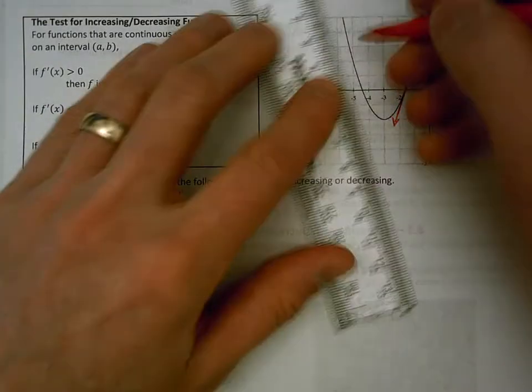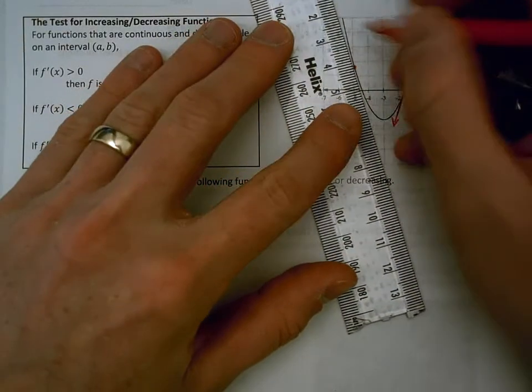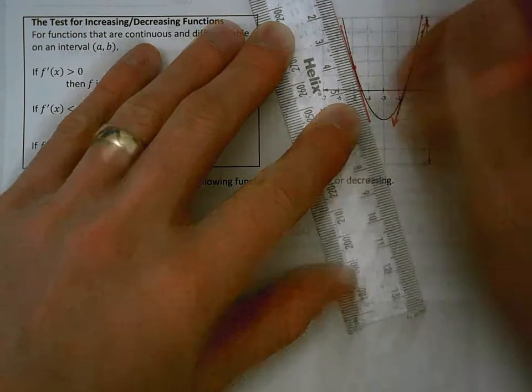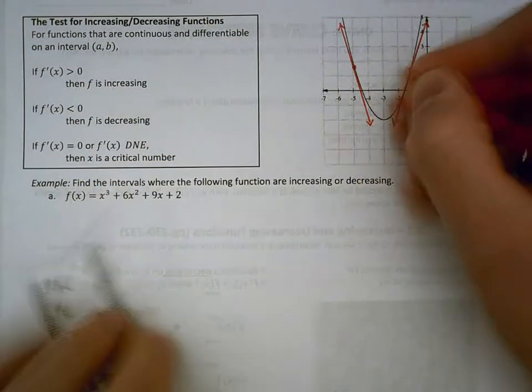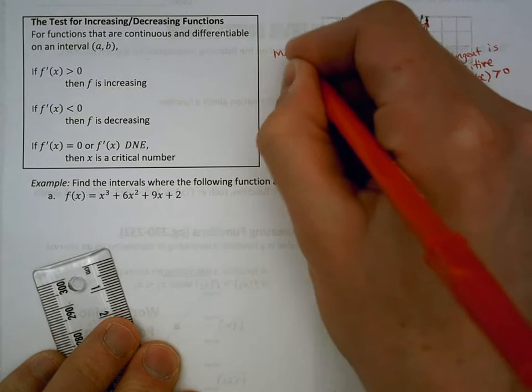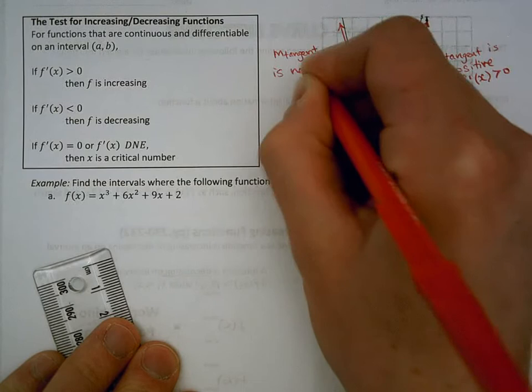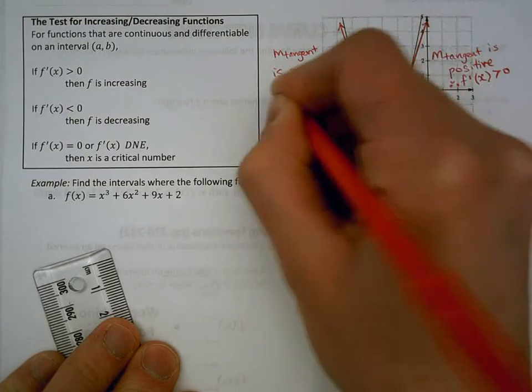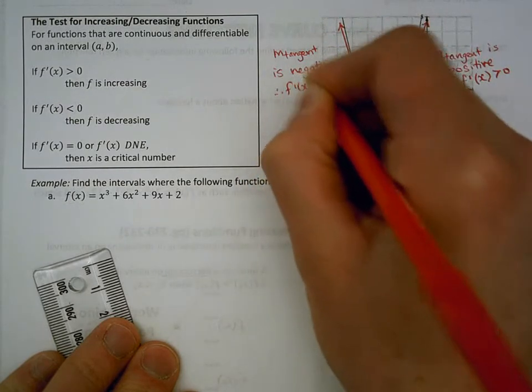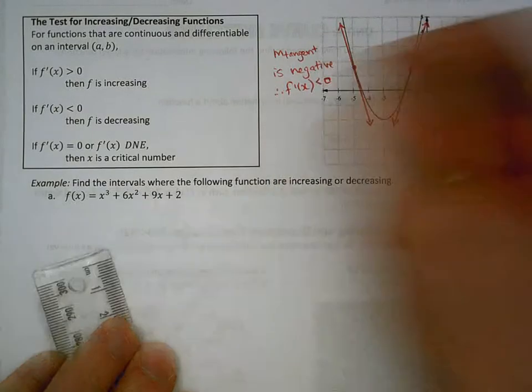Similarly, for a region like this where the function is clearly decreasing, it's going down, we can see that m tangent, the slope of the tangent, is negative. Therefore, the derivative is less than 0, or it's negative.